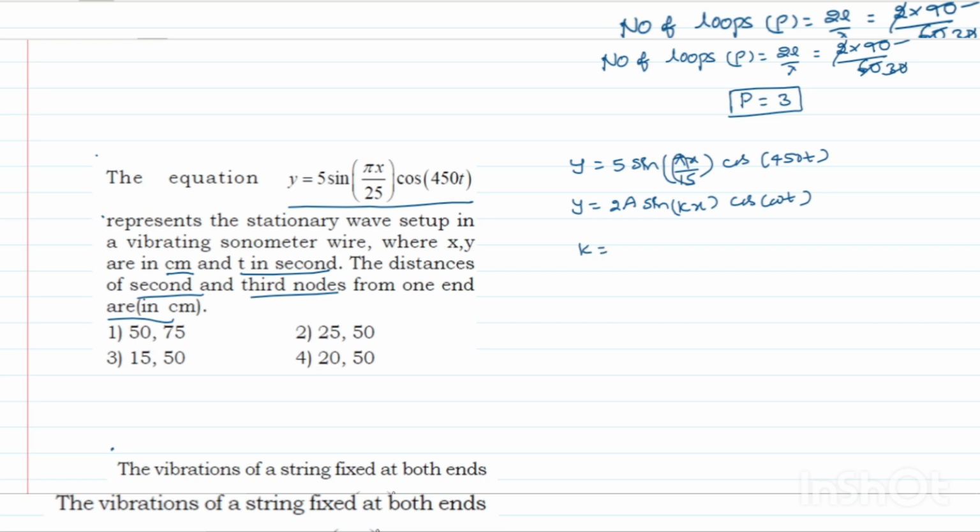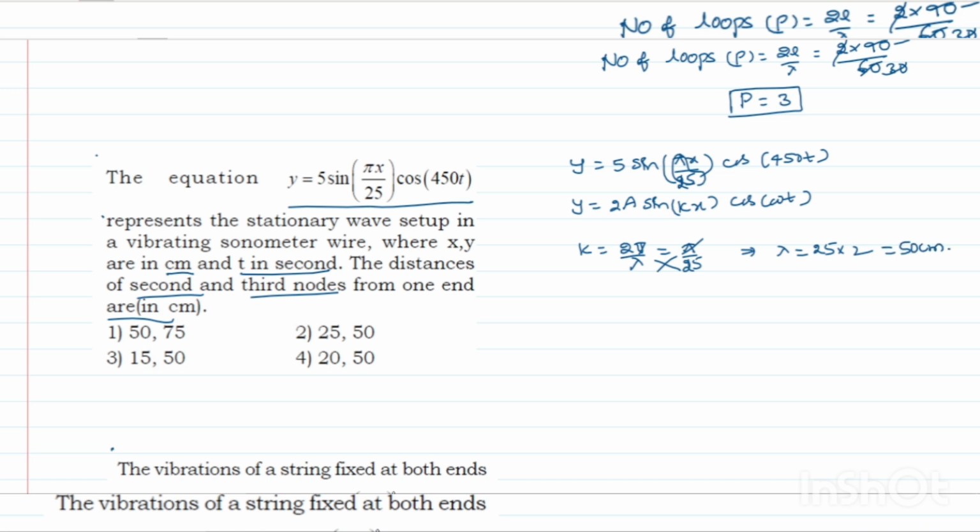K is the propagation constant, 2 pi by lambda, which is pi by 15. Pi gets cancelled, and cross multiplying, the wavelength lambda equals 15 into 2, which is 30 centimeter.